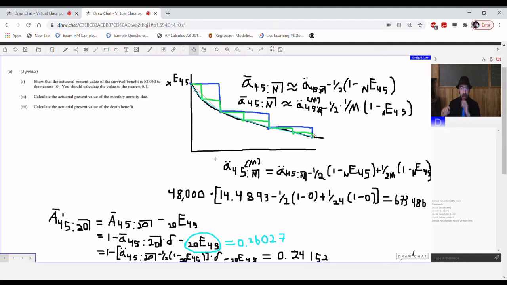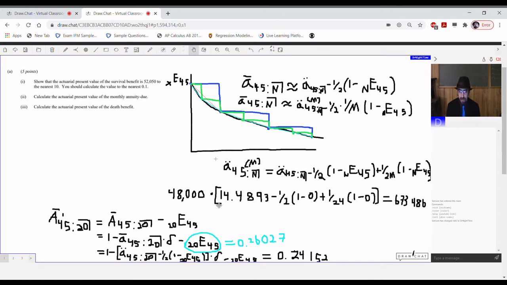If this isn't quite intuitive, I will be uploading a video relatively shortly that explains the Woolhouse formula in more detail and where it comes from, but this is the formula you'd end up needing to know. So for the monthly annuity due, this is a whole life, so we just subtract 0.